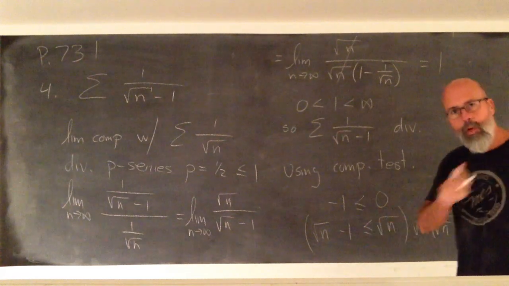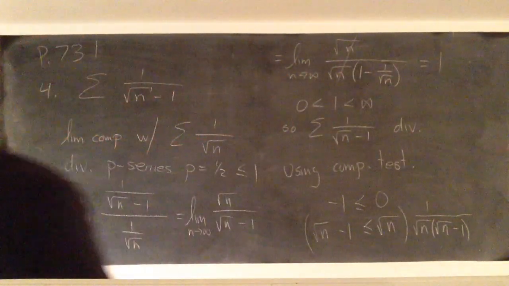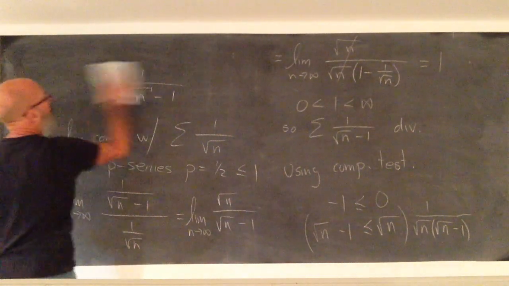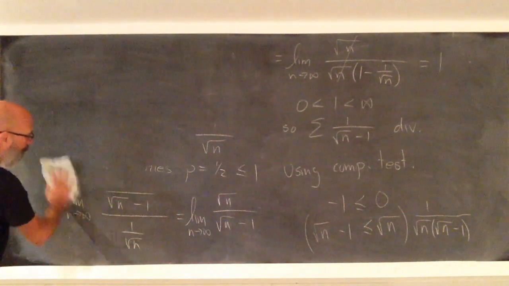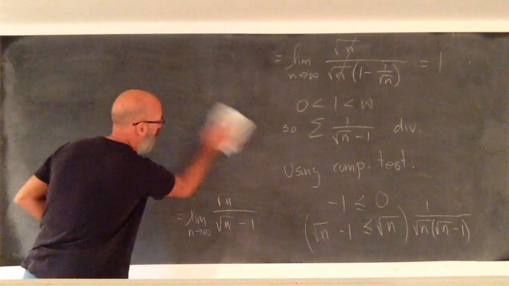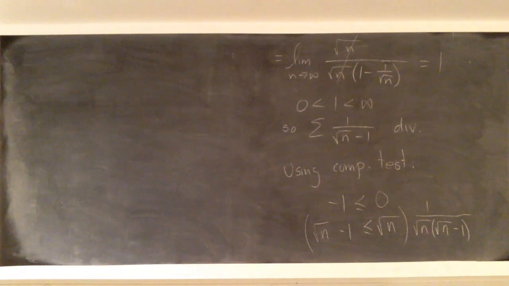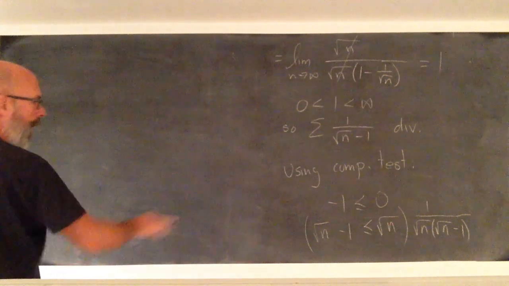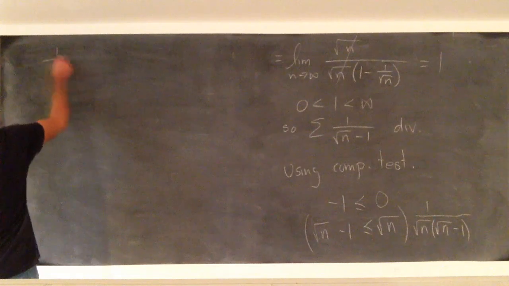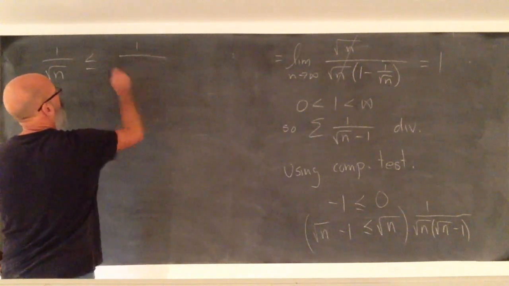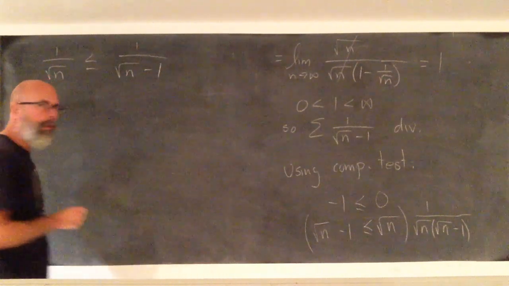Again, this is equivalent, as you know, to cross multiplication. So if you're more comfortable with that, please go ahead and do that. And what do we get? We get 1 over root n less than or equal to 1 over root of n minus 1.